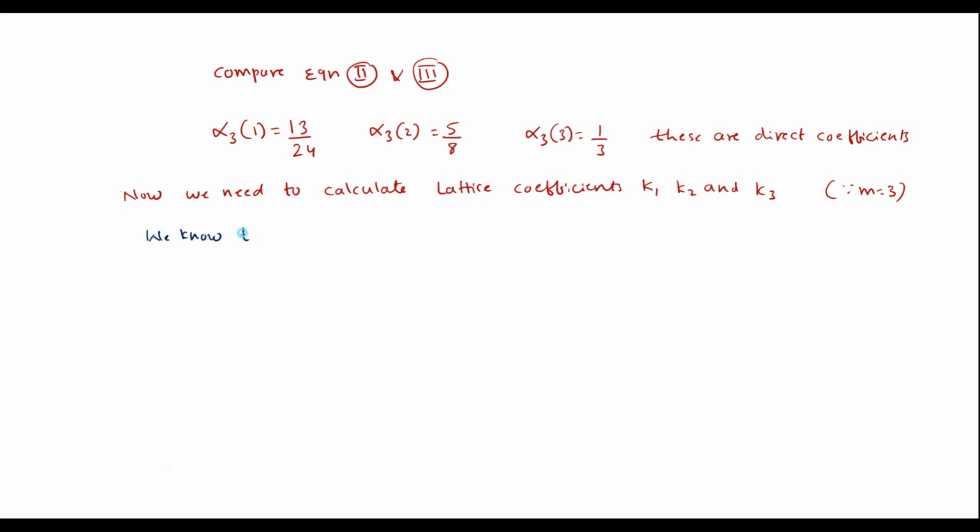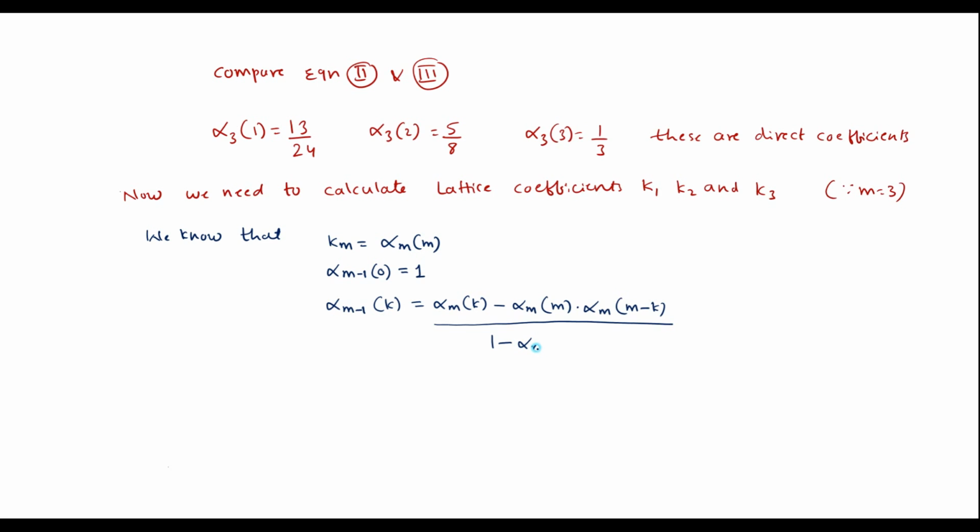We know that Km is equal to alpha m of m, alpha m minus 1 of 0 is equal to 1, and alpha m minus 1 of k is equal to alpha m of k minus alpha m of m into alpha m of m minus k, whole divided by 1 minus alpha m of m whole square.